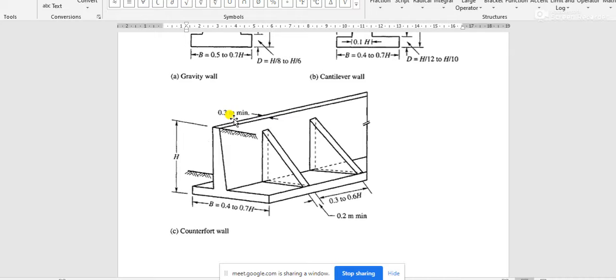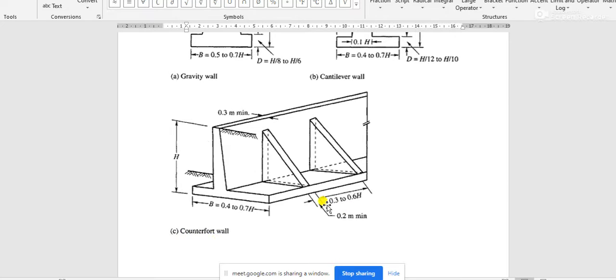In case of a buttress retaining wall, these triangular slabs are given at the front side, and in a counterfort retaining wall these slabs are provided at the back side, inside the backfill soil. Only that is the difference between the counterfort and buttress retaining wall.